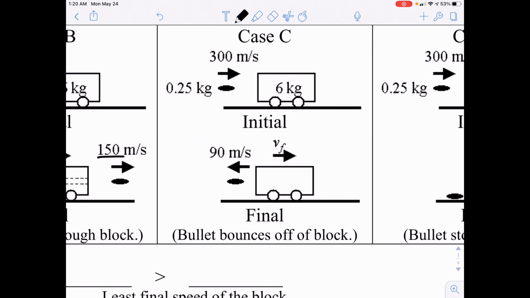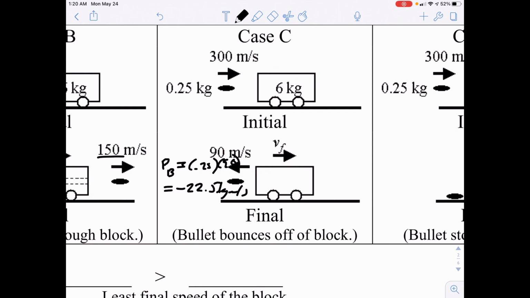The momentum of the bullet is going to be 0.25 times 90, and it's going to the left, so it's going to be negative 0.25 times 90. That's about 22.5 kilogram meters per second.